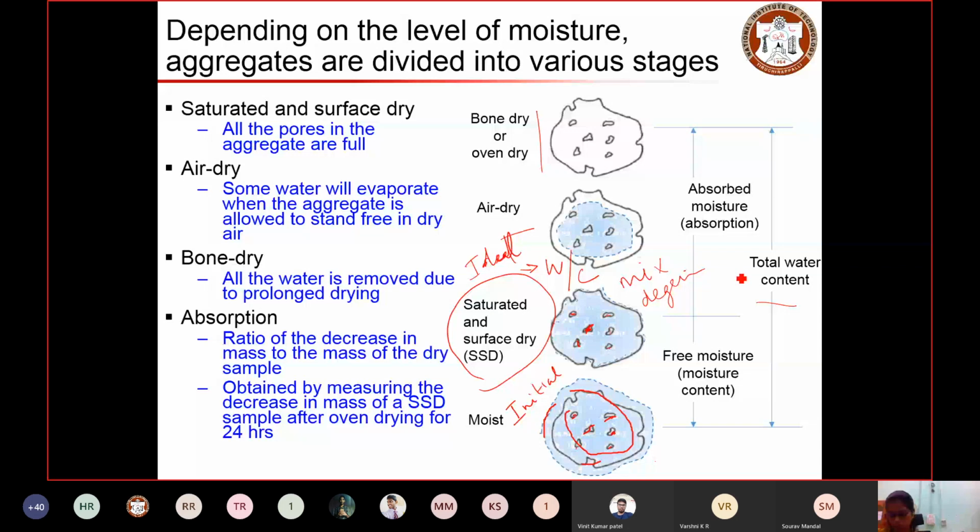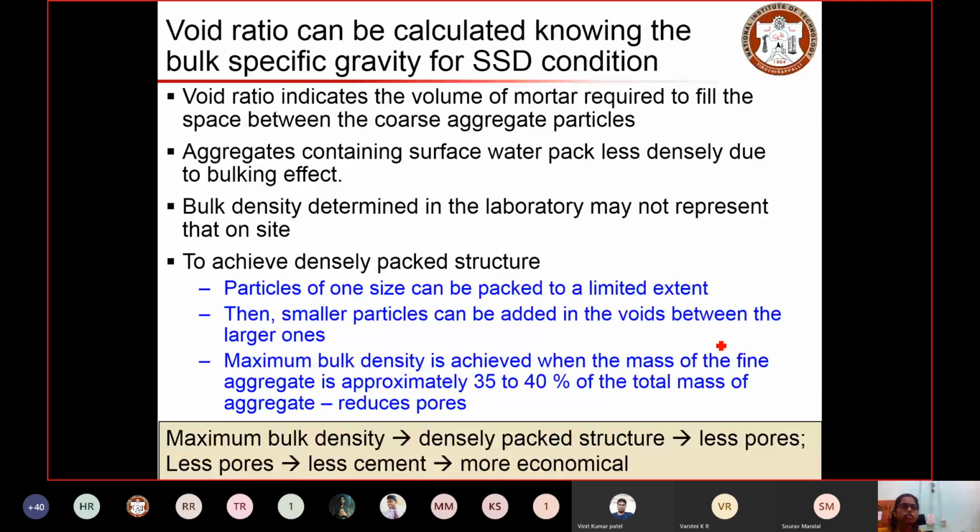So to summarize, aggregates are responsible for the voids because of the porosity present in them. When we have voids, we calculate the void ratio. The void ratio basically indicates the volume of voids to the total volume of the sample.